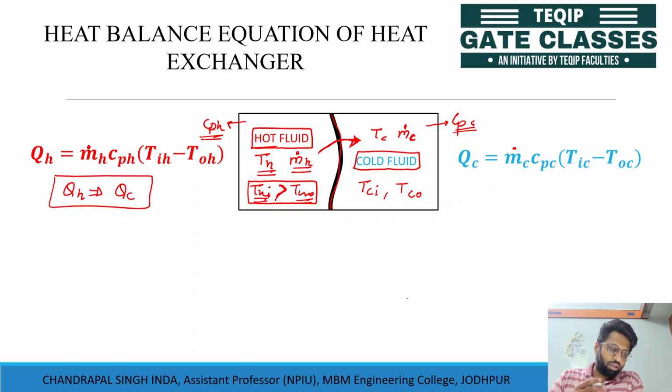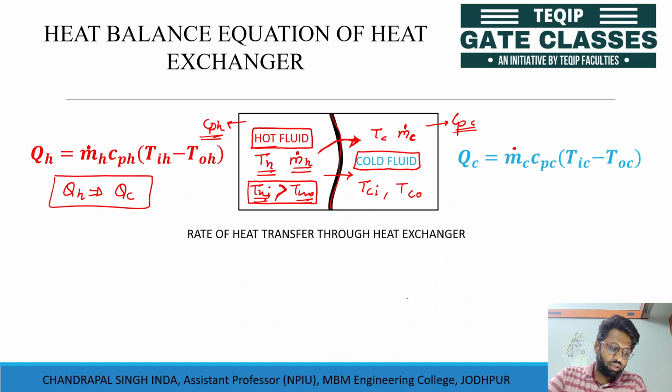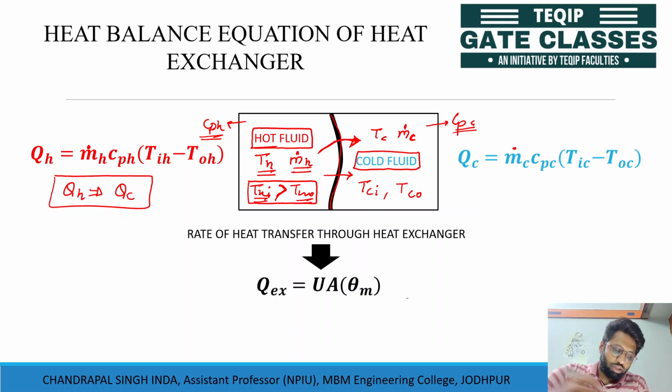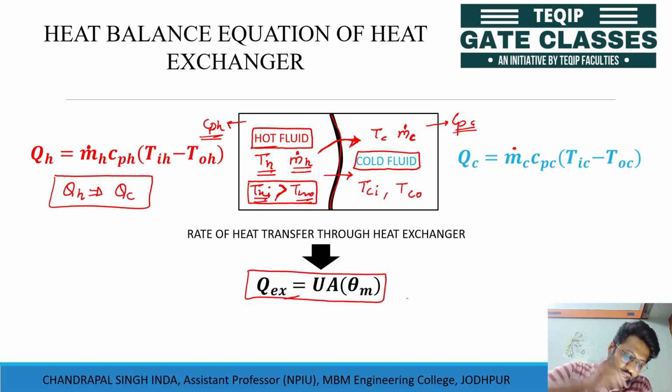Now we are required to find the heat transfer by the heat exchanger, meaning the heat transferring between the hot fluid and the cold fluid. We can find the rate of heat transfer through the heat exchanger device, which will be equal to U A theta m.